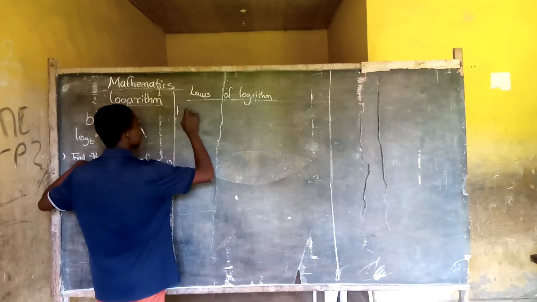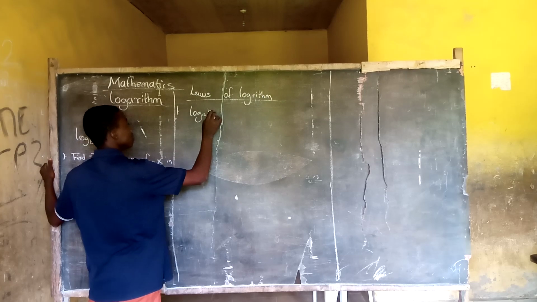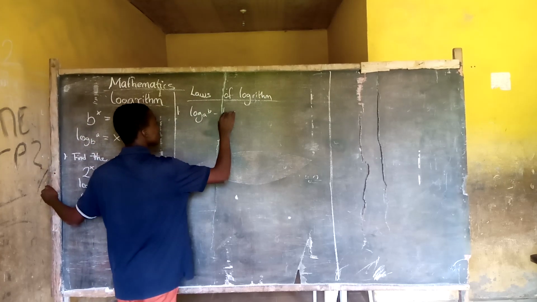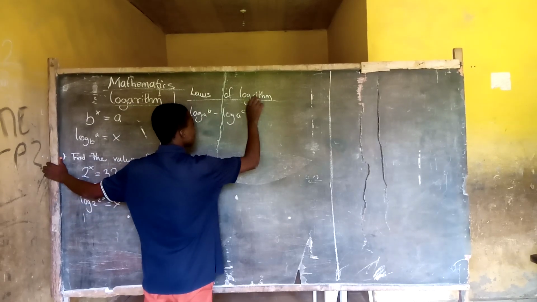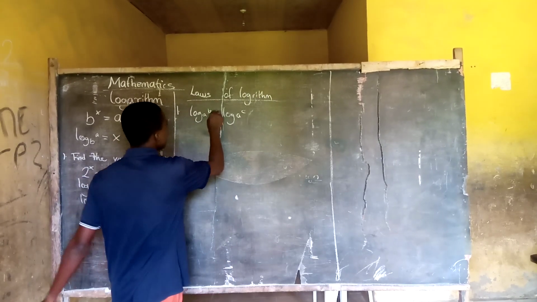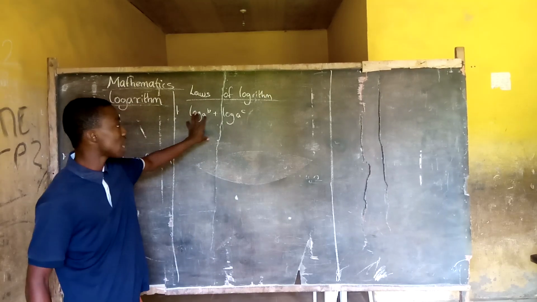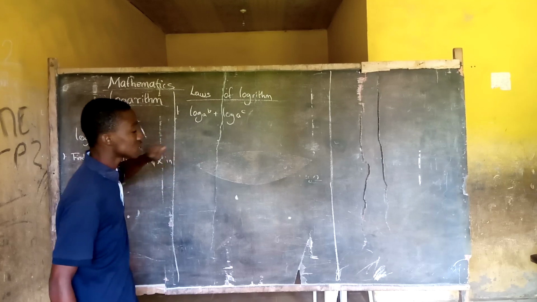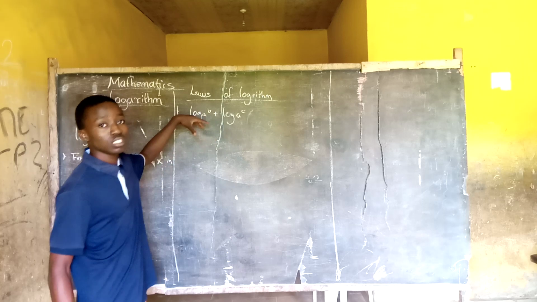Now the addition law, for example, we are having 2 logs, log to base a to power b plus log to base a to power c. Let me make it addition because the first one I said is the addition rule. Now when you see a log value like this, there is a similar occurrence in indices.